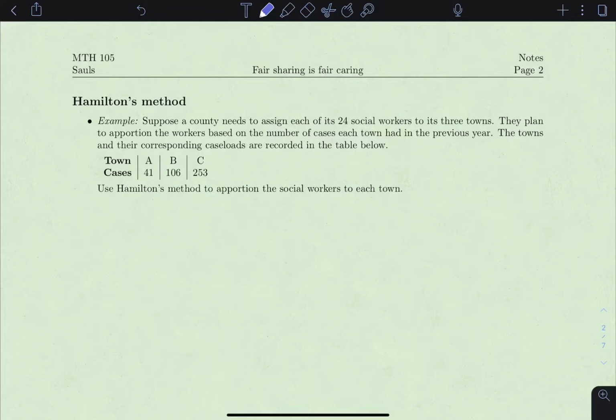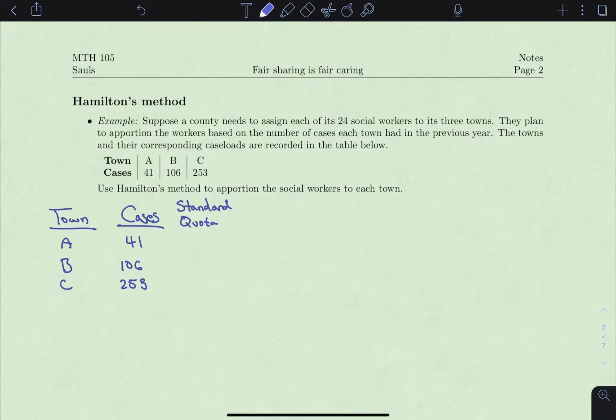So let me rewrite this table here. Town A, B, C, the number of cases, which is kind of taking the place of population: 41, 106, and 253. So the way Hamilton's method starts is to go with the proportional route first. So the proportional or standard distribution, or standard quota.